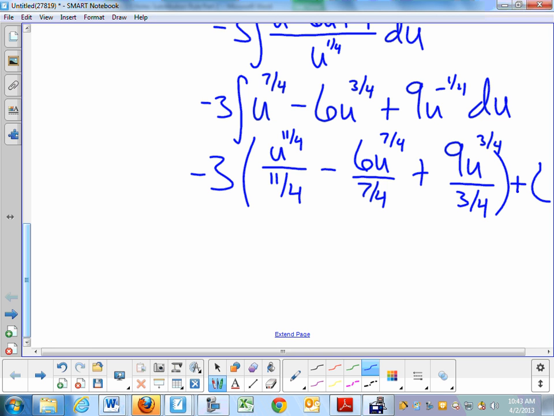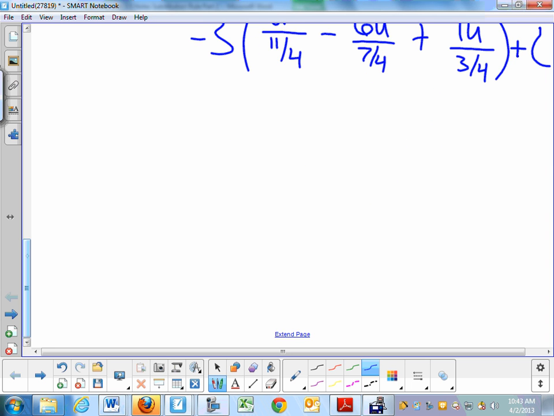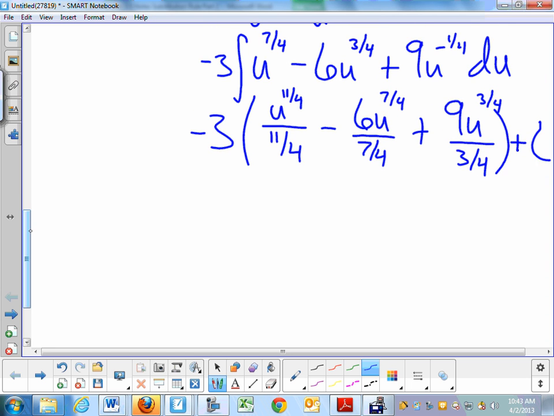It's negative. It was 9u to the negative 1/4. So when we add 4/4, we get 3/4, not 5/4. So now, instead of divide by 11/4, we multiply by the reciprocal.